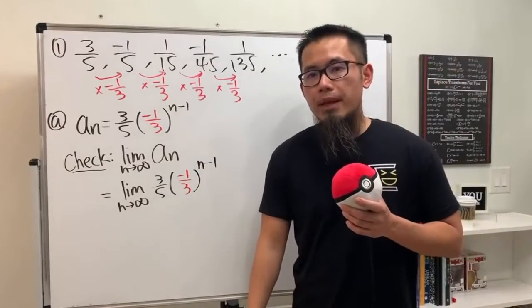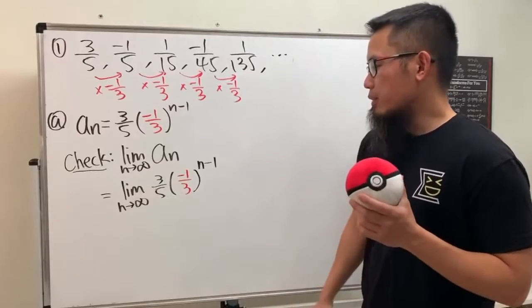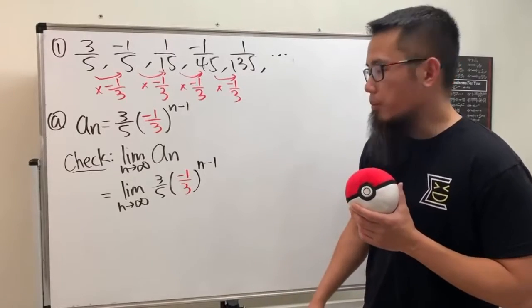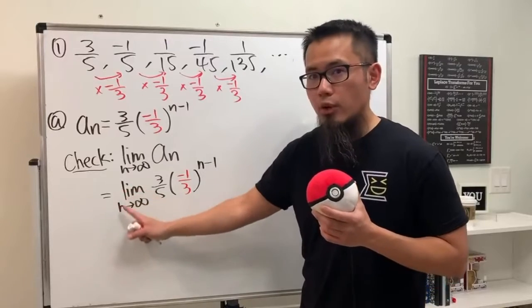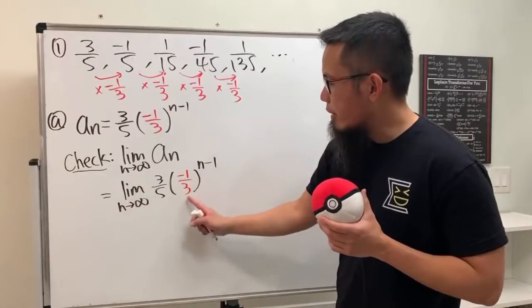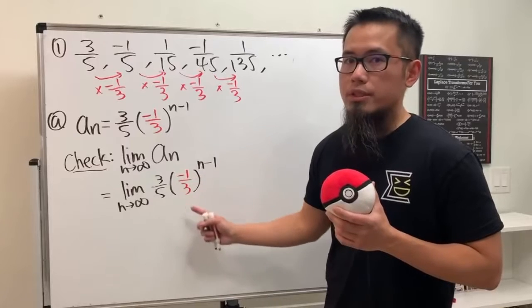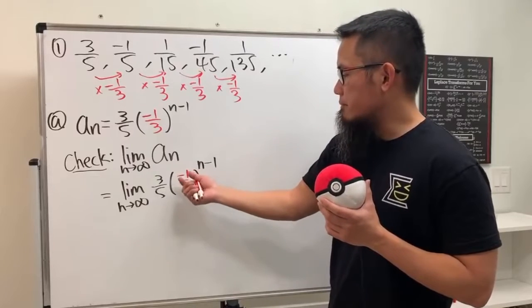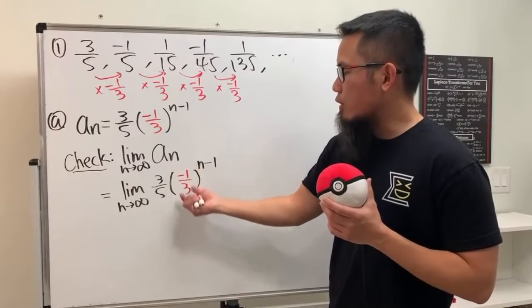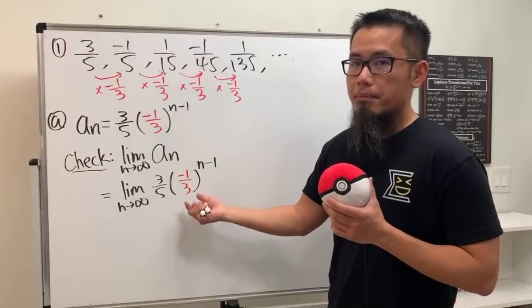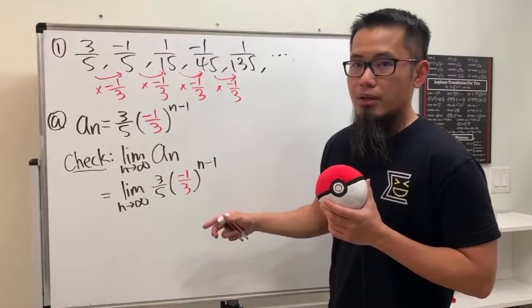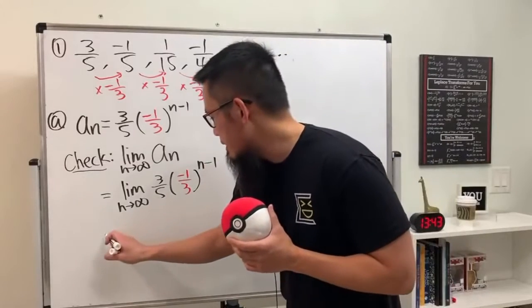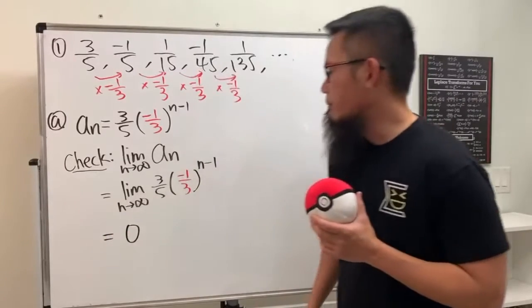All right. And now it really depends on your teacher to see how much work that you have to show. But for my class, if you see, we have a limit as n goes to infinity, and this number is negative 1/3, and you can see that the absolute value of negative 1/3 is less than 1. And then if you put infinity right here, then you can say that this is just equal to 0, right?